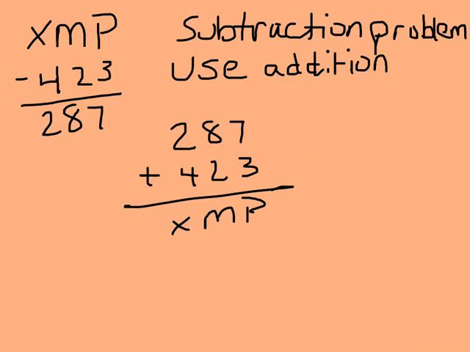This is a subtraction problem, see? This is not addition, so to solve this one, we're going to use the inverse of subtraction, which is addition. So we're going to take the two that we know. We're going to say 287 plus 423, and when we do, that will give us our unknown XMP.